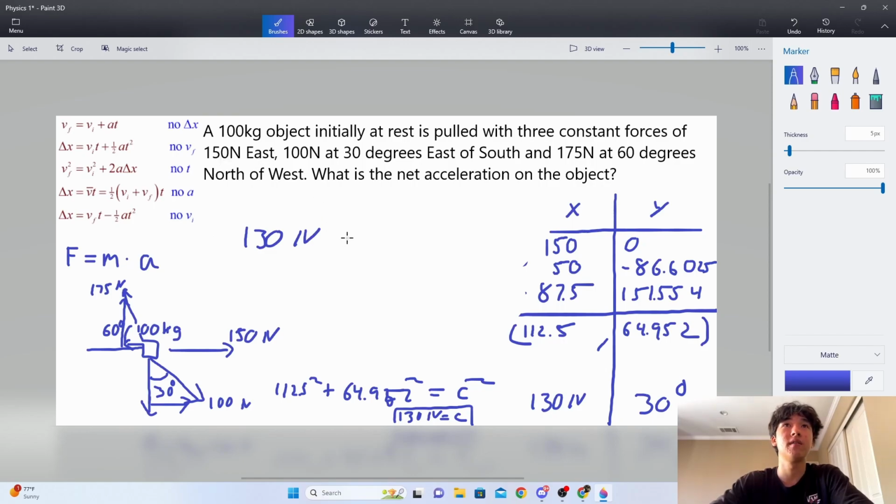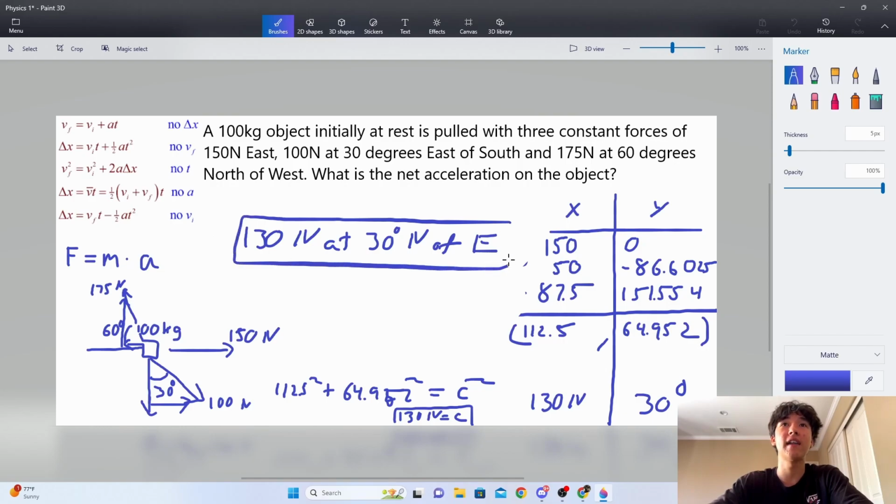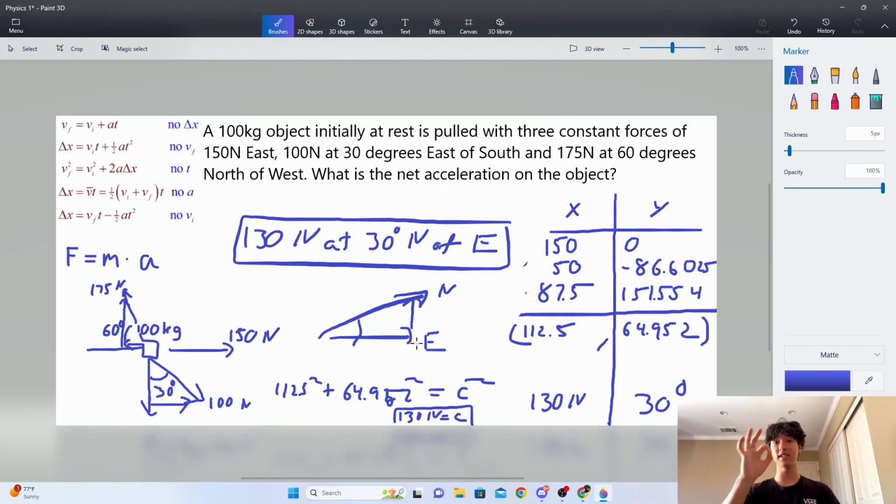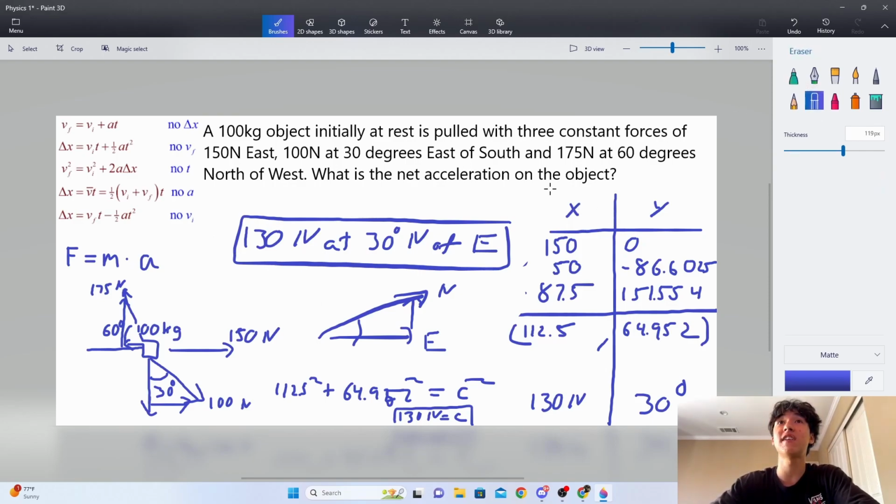And just write it the same format as the question, at 30 degrees north of east. And that is our answer, because this was the hypotenuse. So this is our east, and we're going north of this east, right? And we're going 30 degrees, and specifically north of east, at 130 newtons. So that is our net force.